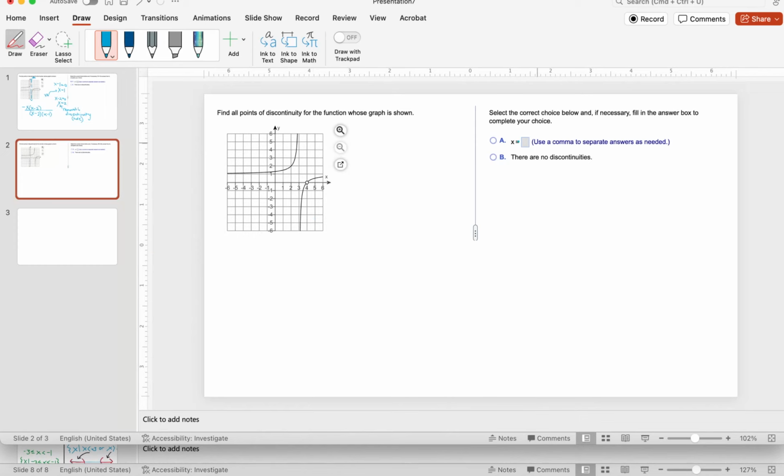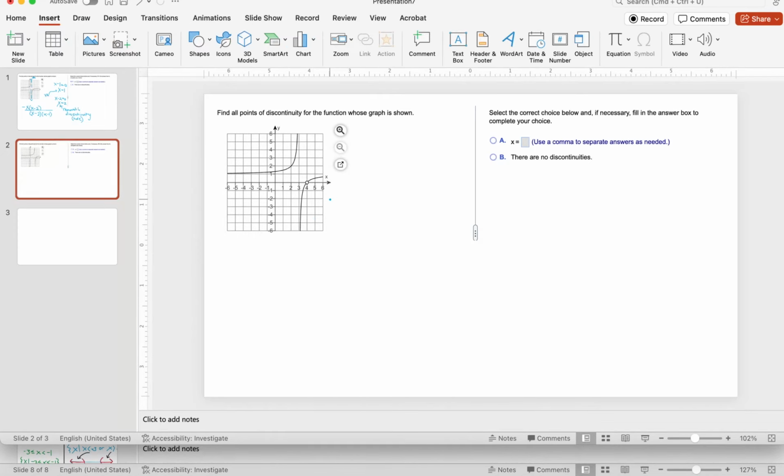Yep, the 4 is definitely one of those points. What about if we're coming from here? Is there another number that we don't have any values for? That's right.